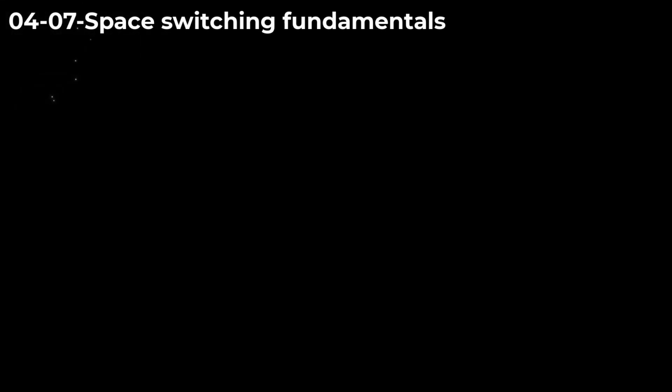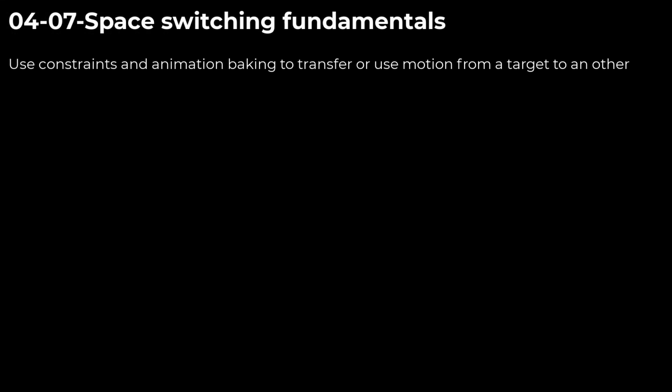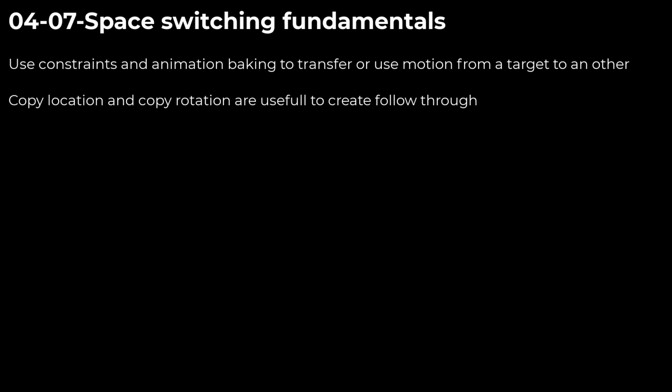To summarize, we have seen that we can use constraints and animation baking to source data from a specific motion and transfer it onto another bone or another object. We can use copy location and copy rotation to create nice follow-through animation with ease.